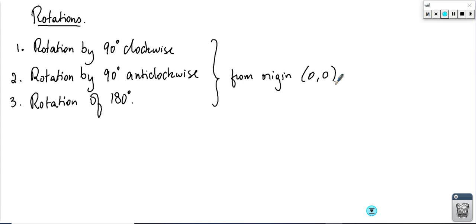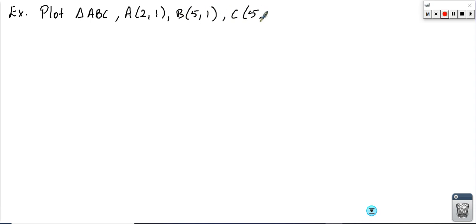So let's start by seeing an example, because from the example we're going to form the rules. So example, plot triangle ABC. Now we're going to become accustomed to this triangle, where A is the point 2, 1, B is the point 5, 1, and C is the point 5, 3, our usual triangle.